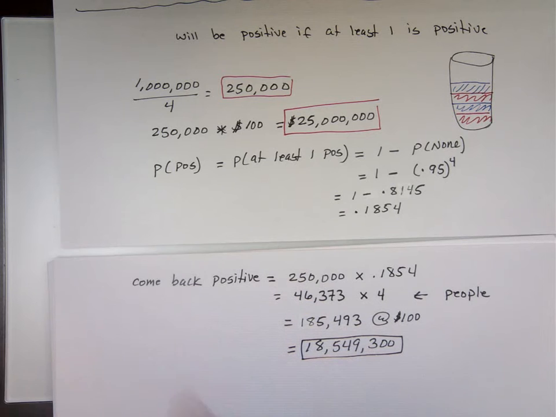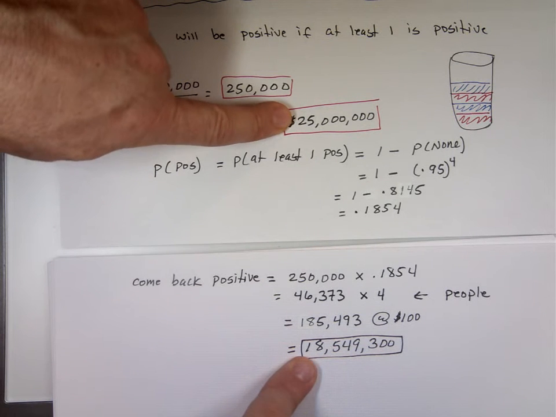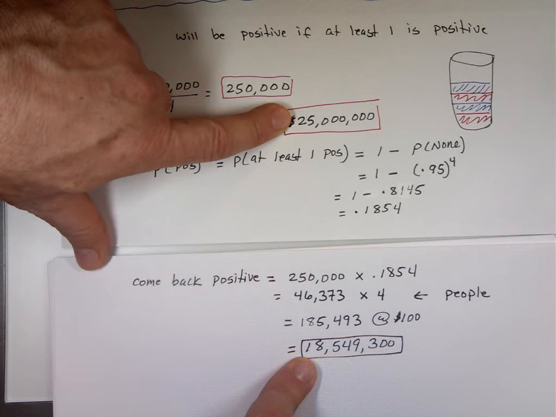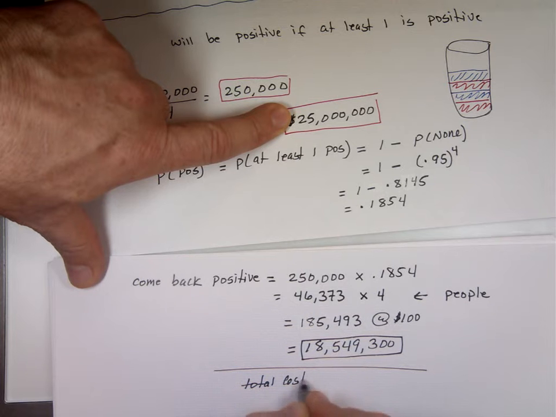So how much is it going to cost me altogether to test all these people? The 25 million plus the 18 million and some change. We're looking at $43,549,300 versus 100 million.